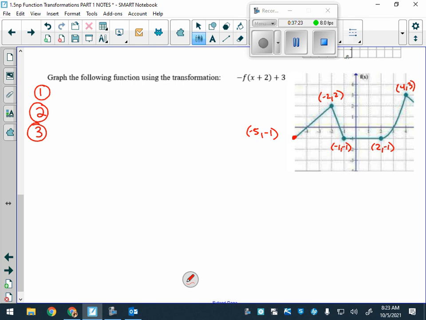Okay? Tate, what is one transformation? Good. Okay, reflection over x-axis. Porter, what's another? Yep, left 2. And then Robert, what's another one?